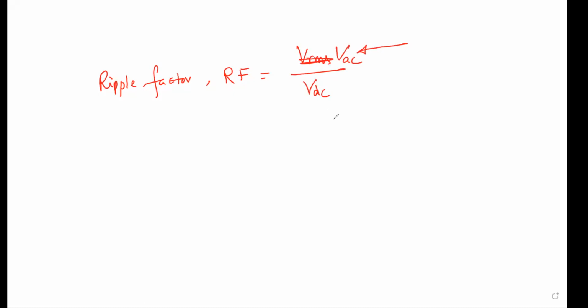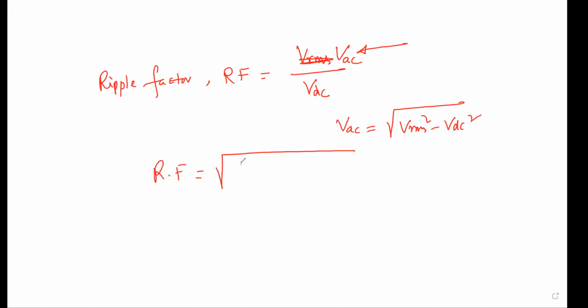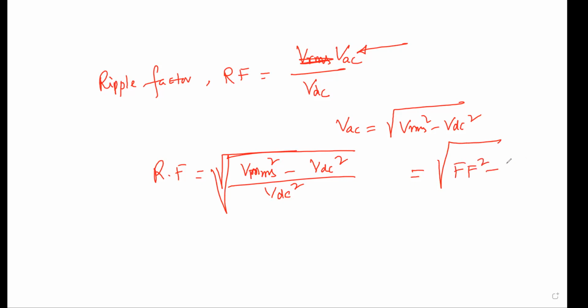That we have already defined as the square root of VRMS square minus VDC square. Then if we put this in, the ripple factor will be the square root of VRMS square minus VDC square divided by VDC square, and that will be form factor square minus 1. This one is equation number 3.5 of your book, and this is 3.7 of your book.